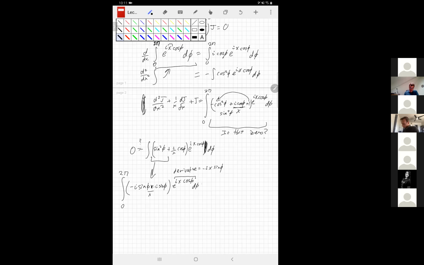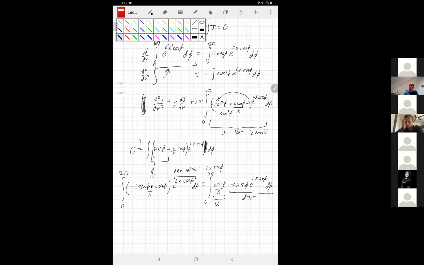So I've got the integral from 0 to 2 pi of I sine phi over x times minus I x sine phi e to the I x cosine phi d phi. Now this is all a very elaborate buildup to integrating by parts. This we call u. This we call dv.